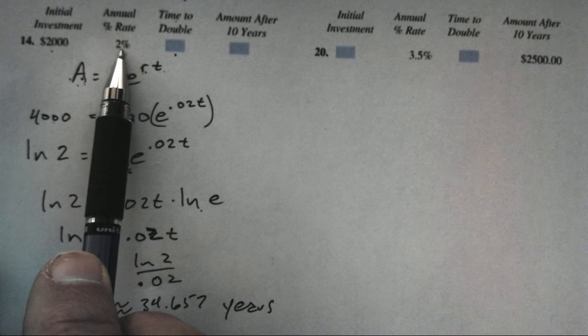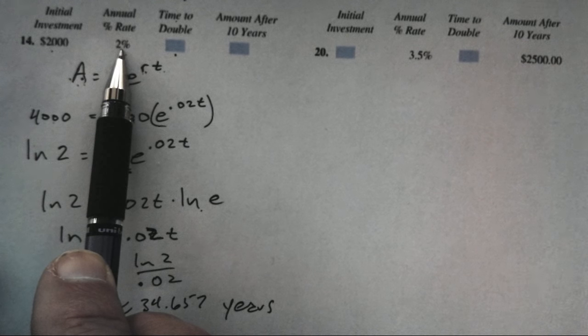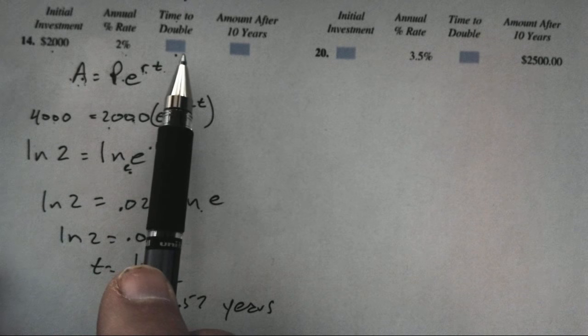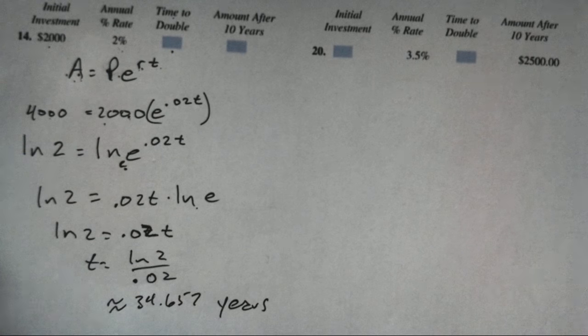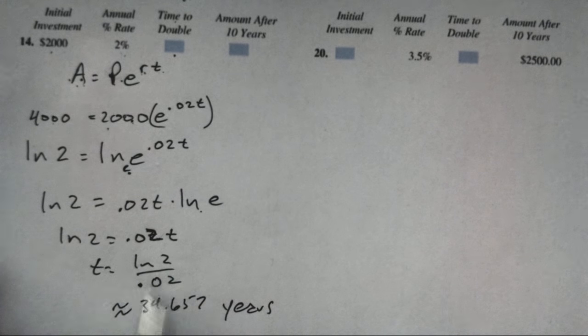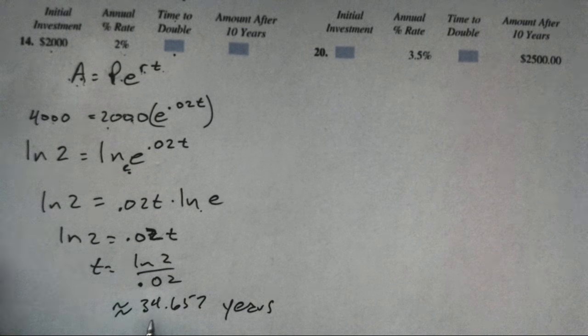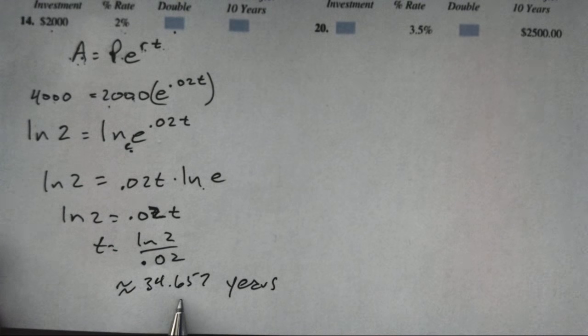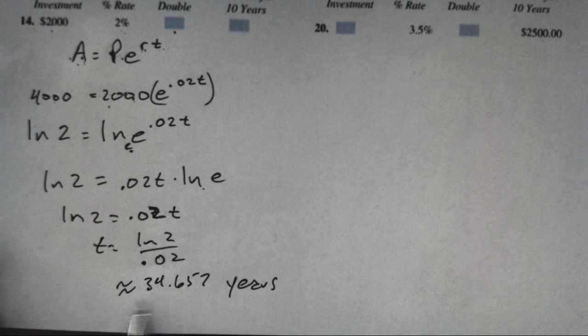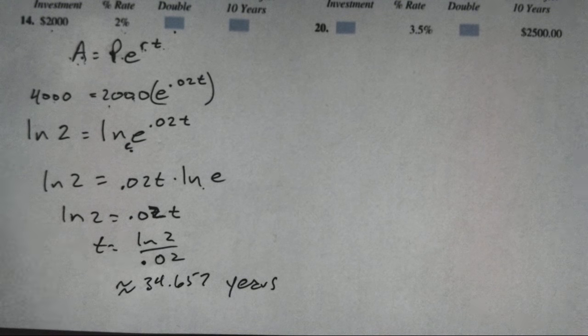Well, this is compounded continuously, so it's going to be a fair amount faster than 50, but it's not going to be 72 million years. Those are the kind of errors you get when you make mistakes along the way. Usually you're not going to come up with an answer like 36.312 years. It's going to be something dramatic in most cases.